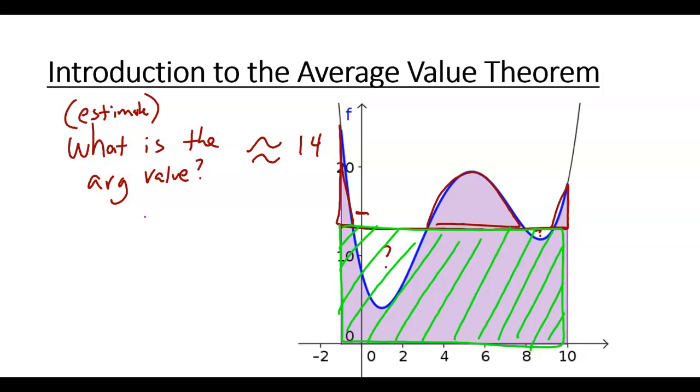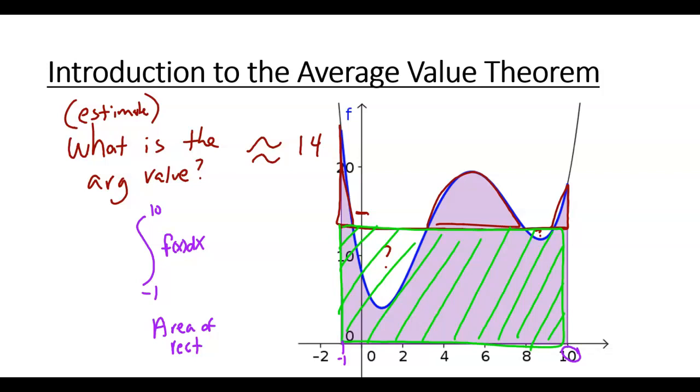The area of that purple region is found with an integral: the integral of your function from your starting point, which is -1, up to your last point, which is 10. That tells you the area. Okay? So that's the area not only of the purple region, but also of the rectangle whose height is the average value.